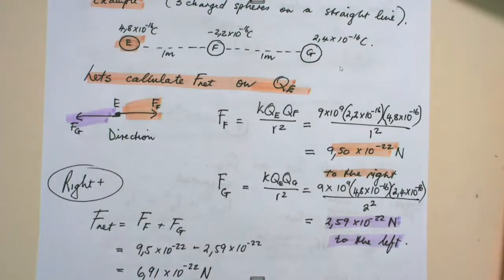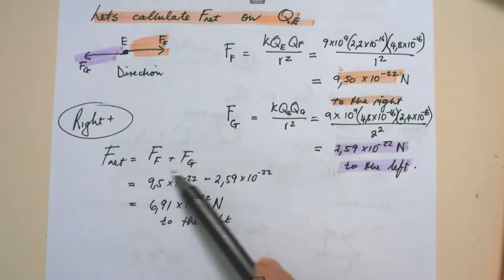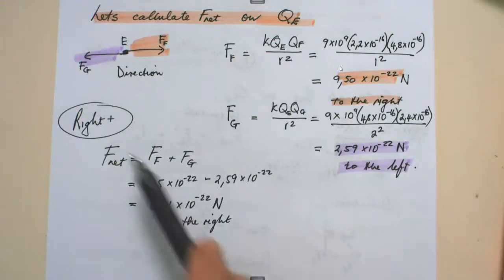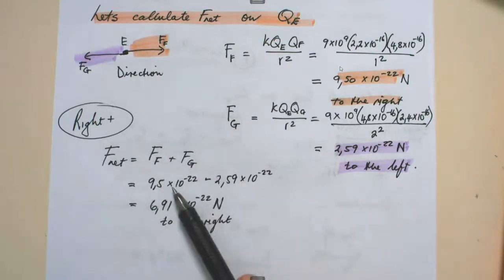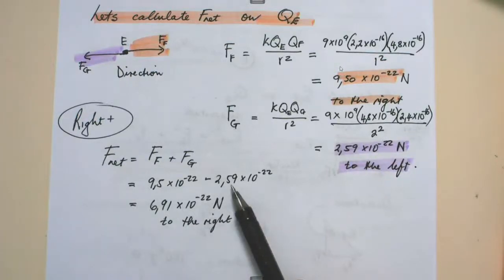Now I have to make a choice to get F net, and I've chosen that to the right will be positive. Now F net is the effect of the two forces, so I add them together, but because of my direction, the one to the right will be positive, which was that one. The one to the left now will have to be negative because forces are vectors.